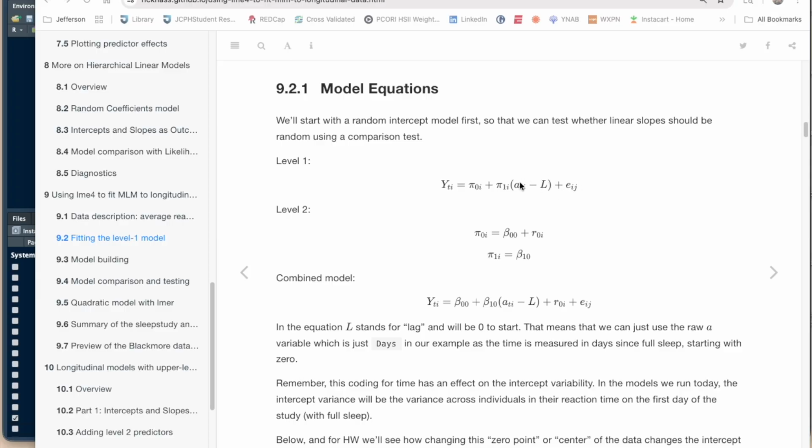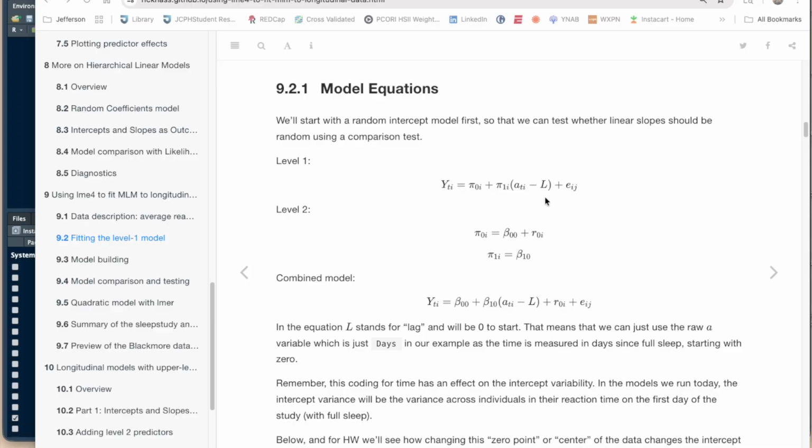And we allow for time to be differenced by a lag. Okay? Now, at this point, in the way this data set is set up, the lag is just going to be 0 because we don't want to move time around. We've got it recorded pretty well. But if you have time recorded in months or some other unit, you could subtract, or again, for homework, you'll explore what happens when you do that.